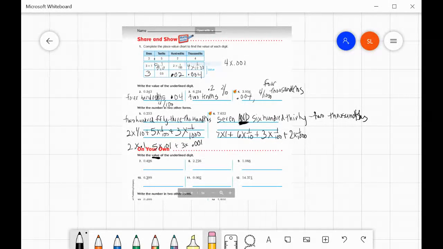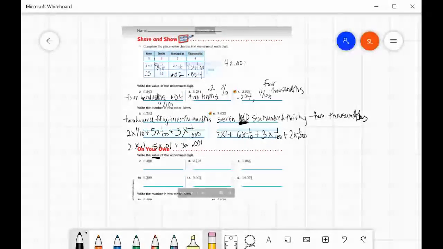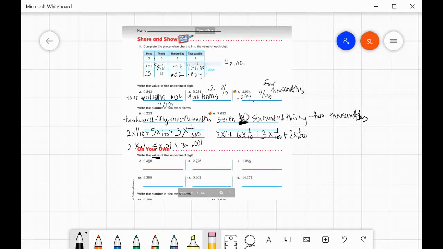Now, moving down, you can write it out on 7 through 12, but I'm just going to give you the number that it would be. So you could write it out like hundredths. There's not enough space here for me to do all that. So I'm just going to give you the actual digits. So if we look at the 9, it's in the hundredths.